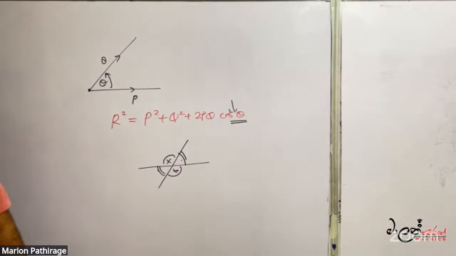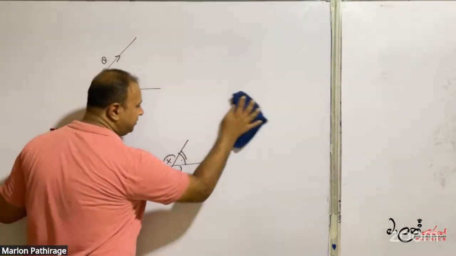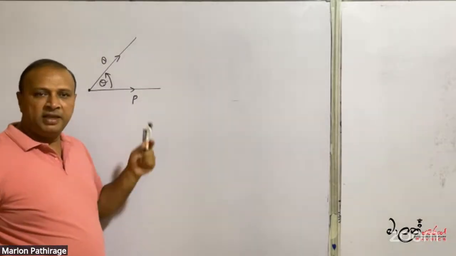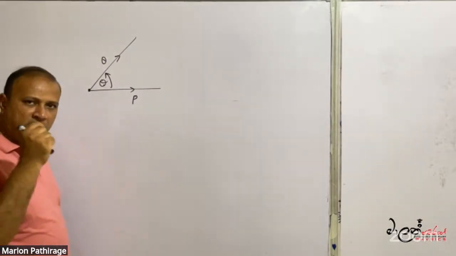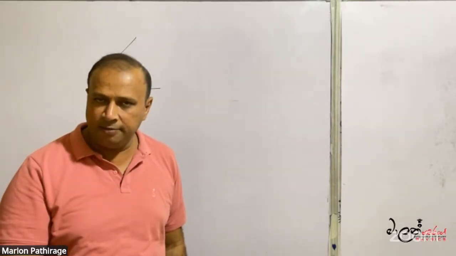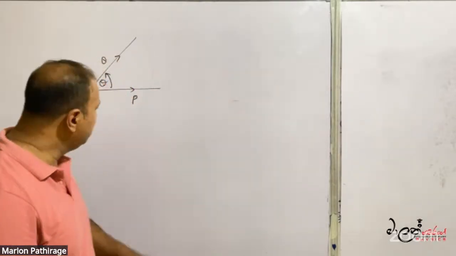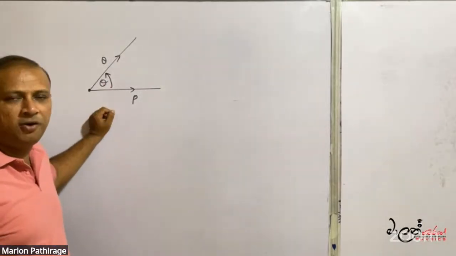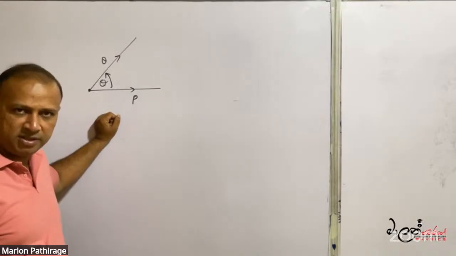Number one, the first characteristic. When you are determining the angle, definitely this point should be the starting point of both vectors.